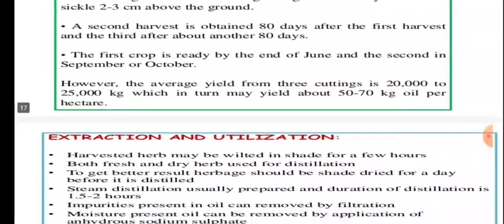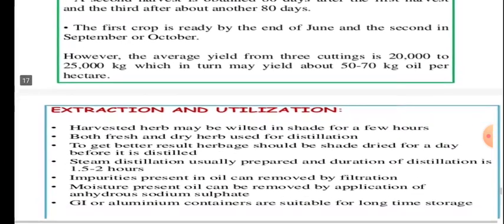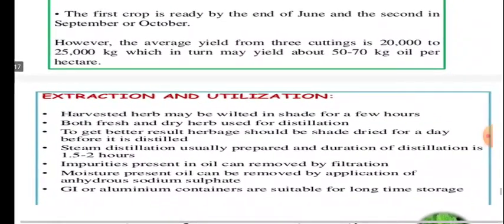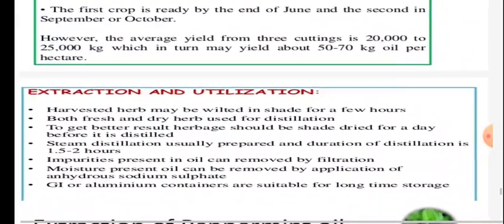Then later on there is the second in September. So about 20,000 to 25,000 kg per hectare generally, and from which 50 to 70 kg oil may be produced from 1 hectare.